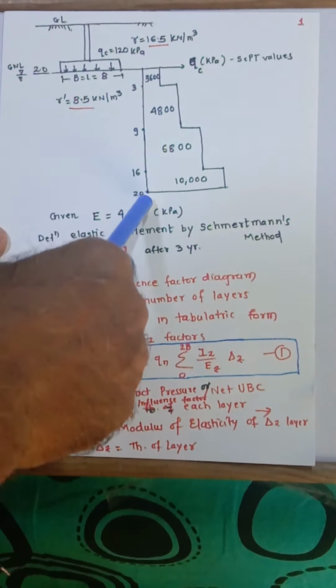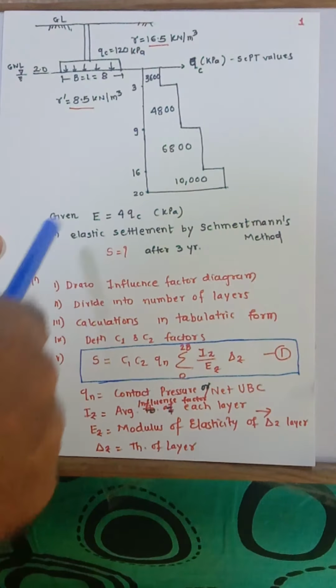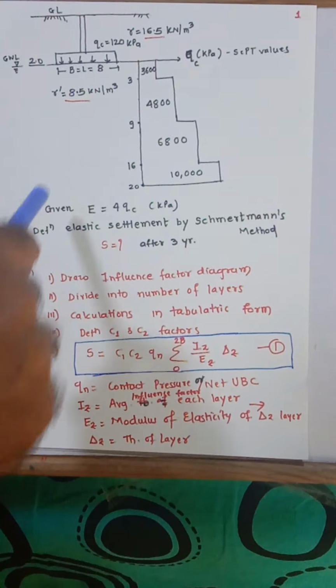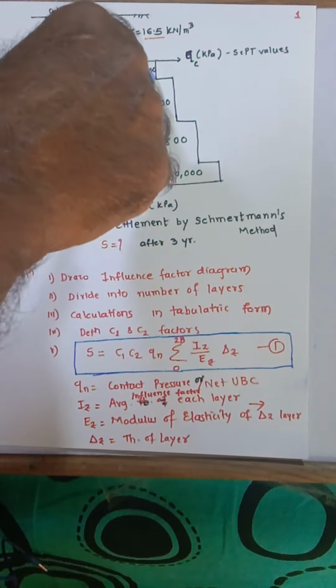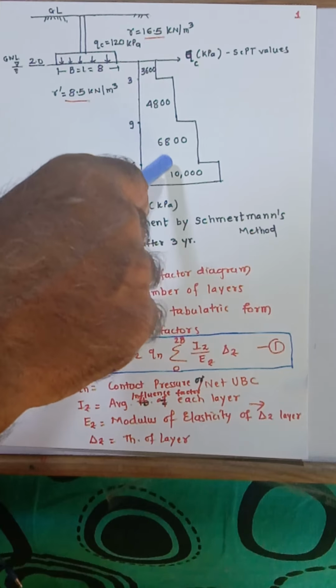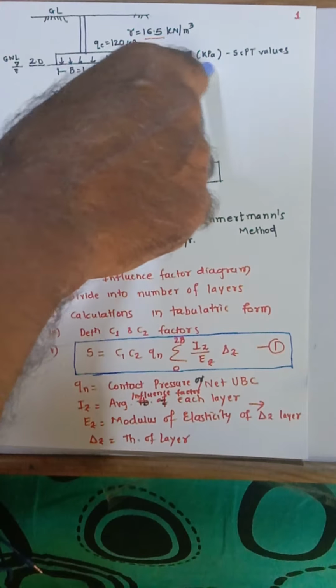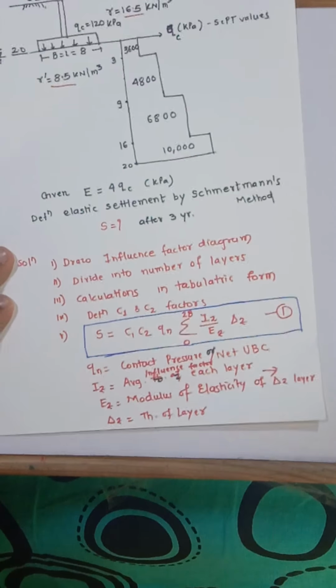So a profile of 20 meters is given, which is either obtained by the SPT test, or, as it is granular, most probably the SPT values are converted into the E value. But this time this is a table for the qc value. The qc value is from the SCPT test, the static cone penetration test.